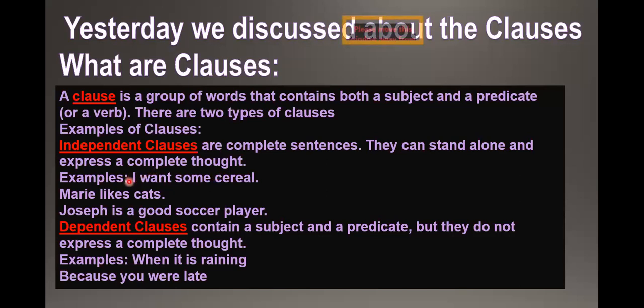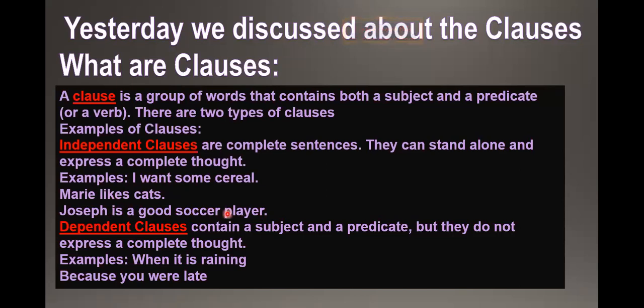For example, I want some cereal. Mary likes cats. Joseph is a good soccer player. All of these are complete sentences where you have the subject and the verb. In "I want some cereal," I is my subject, want is my verb. In "Mary likes cats," Mary is my subject, likes is my verb.